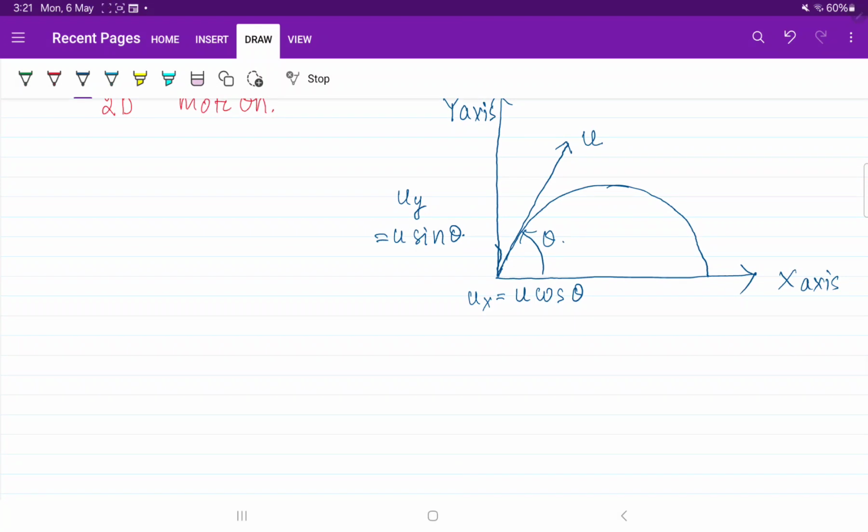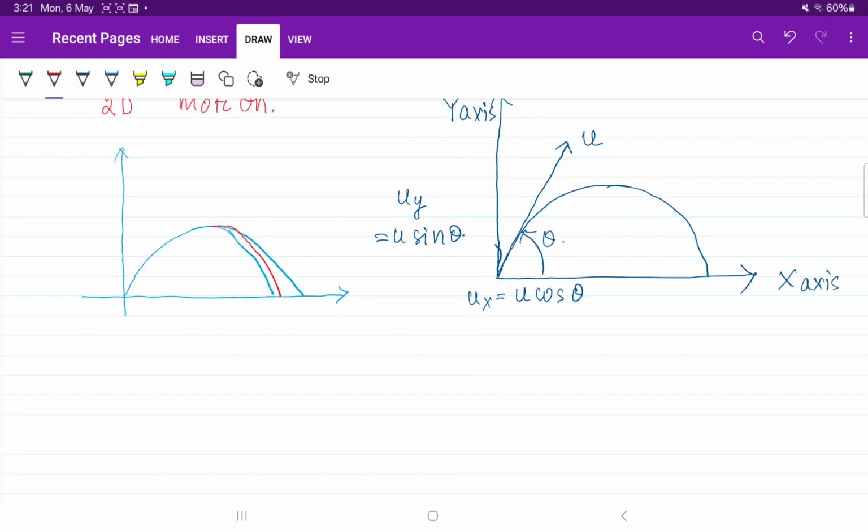So in projectile motion in the day-to-day real world, the trajectory will look like this. This will not be a perfect parabola, it will fall sharper, and the shape of this parabola depends upon the air resistance and various friction forces.